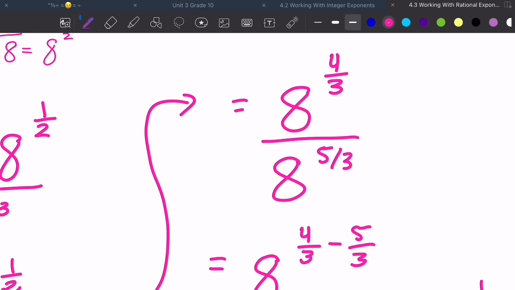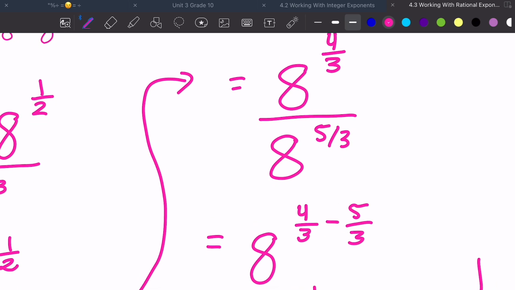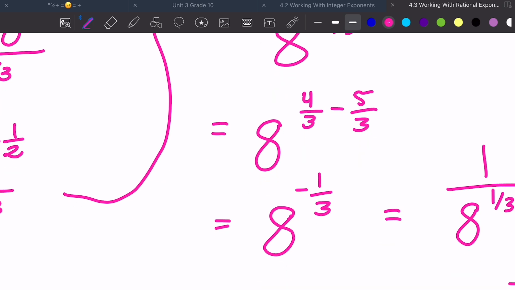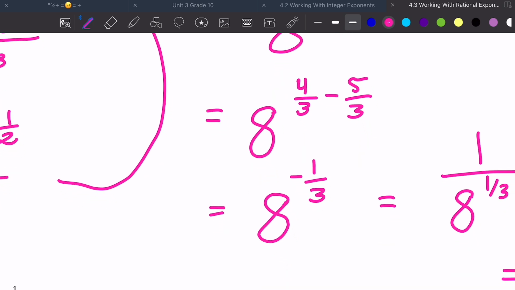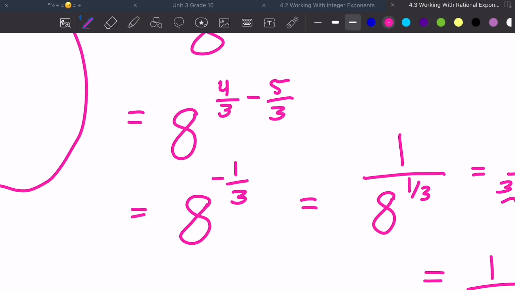And then because I'm dividing, I can subtract their exponents. So 4 over 3 minus 5 over 3 gives me negative 1 over 3. I cannot leave a final answer in negative exponents. I have to leave all answers in positive exponents. That is a rule. So I know with a negative exponent, I gotta kick it to the denominator.